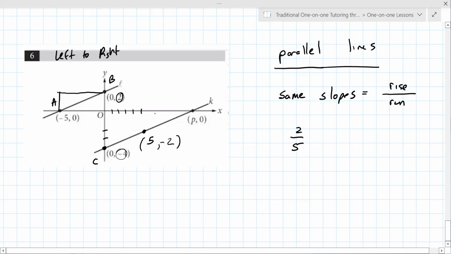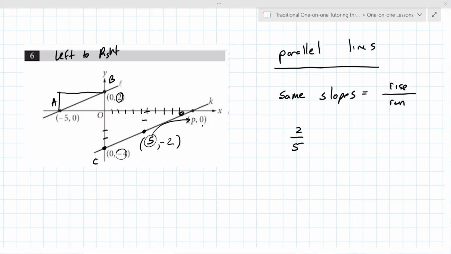If we do that again, go up 2 more and right 5 more, the Y value goes to 0. What does the X value go to? 10. So, very important: parallel lines have the same slope.